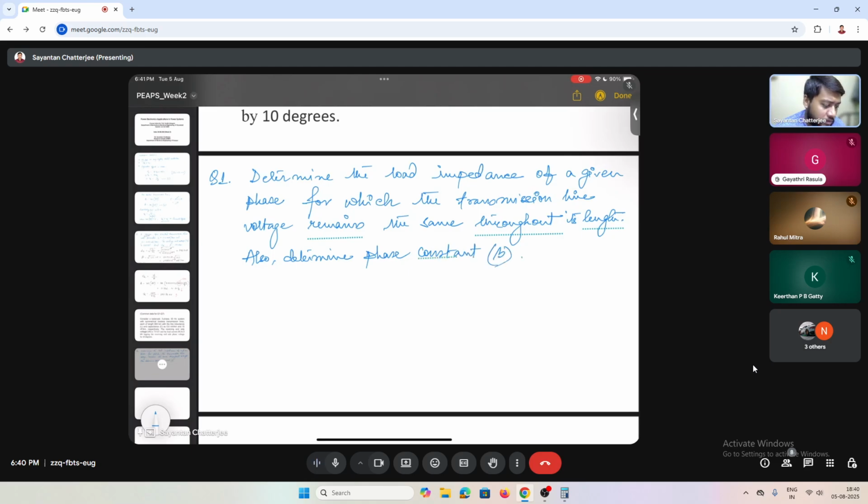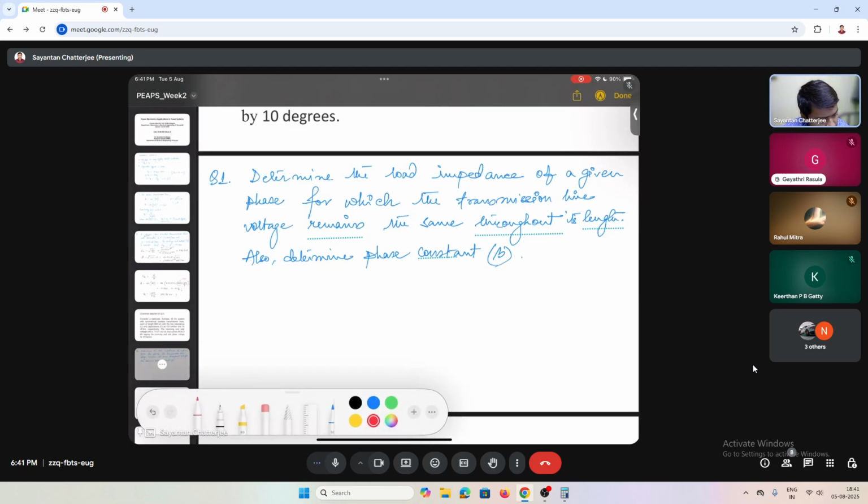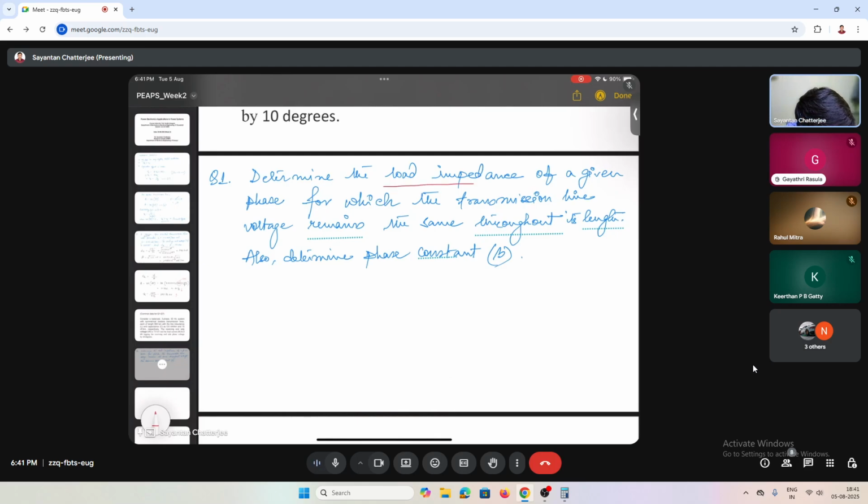The phase constant we also need to determine. So this is the question: determine the load impedance of a given phase for which the transmission line voltage remains the same throughout its length. Also determine the phase constant beta.